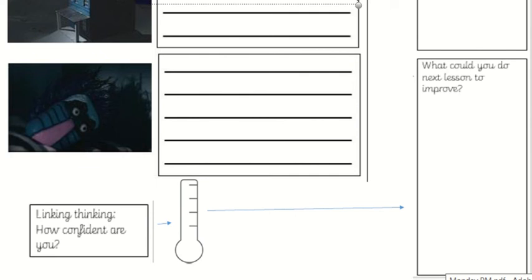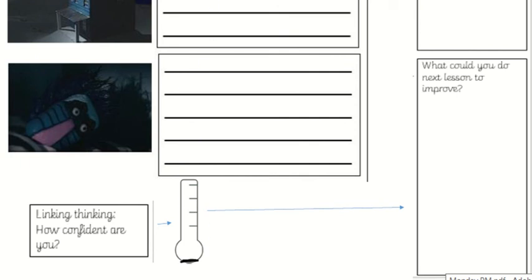Now, once you've had a go at writing these two sentences, you've got your linking thinking section. So how confident are you? This is a thermometer. Now, if we're not so confident, we're going to be towards the cold side of the thermometer. So what I would like you to do is colour up to how confident you're feeling.